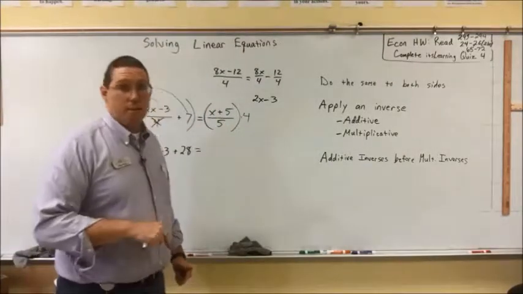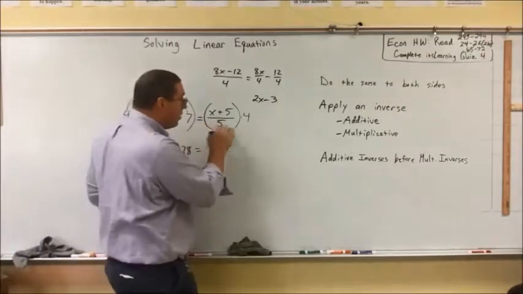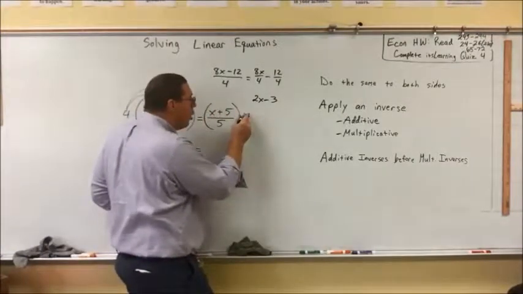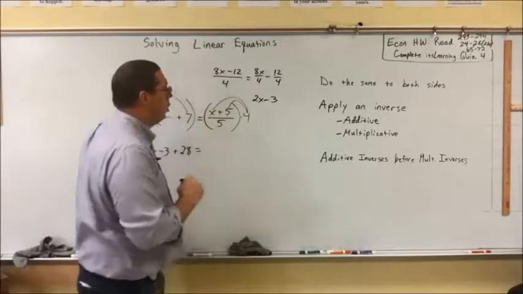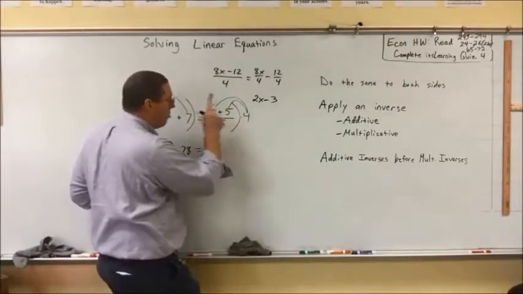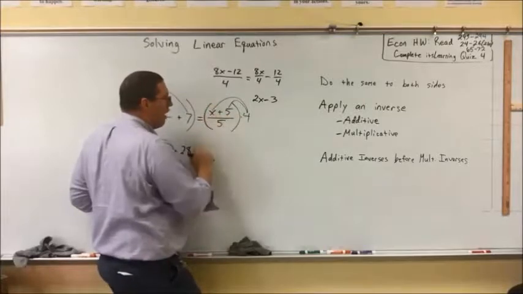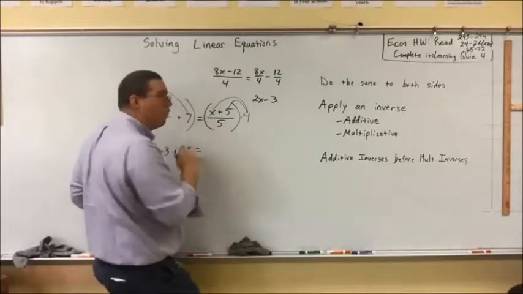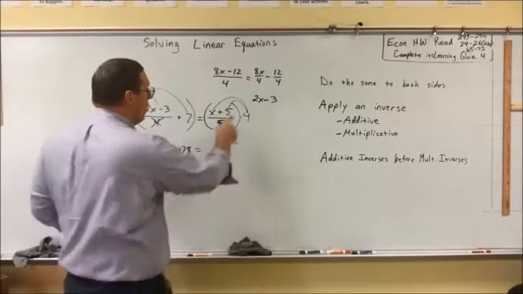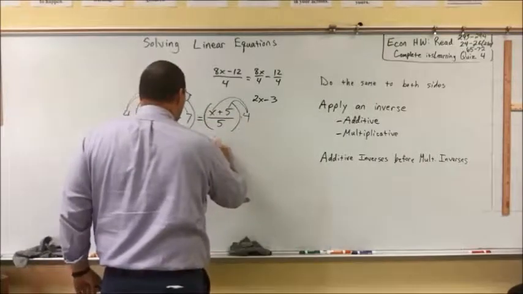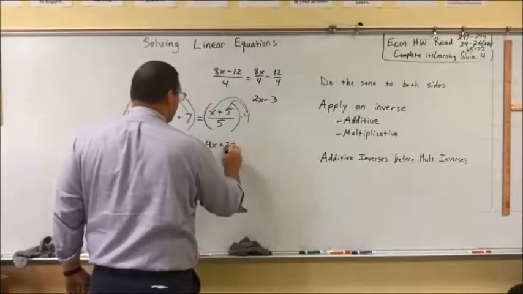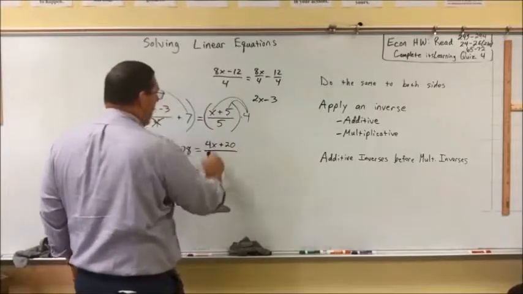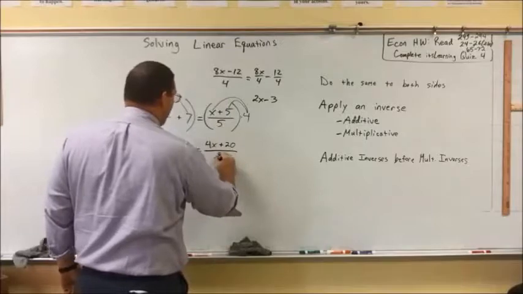So instead of canceling the denominator, in this particular fraction, we're going to distribute the 4 into the numerator. We're going to multiply the 4 times the x, then we're going to multiply the 4 times the 5, and we're going to leave it over 5. So 4 times x is 4x. 4 times 5 is plus 20, and the 5 stays the same, over 5.